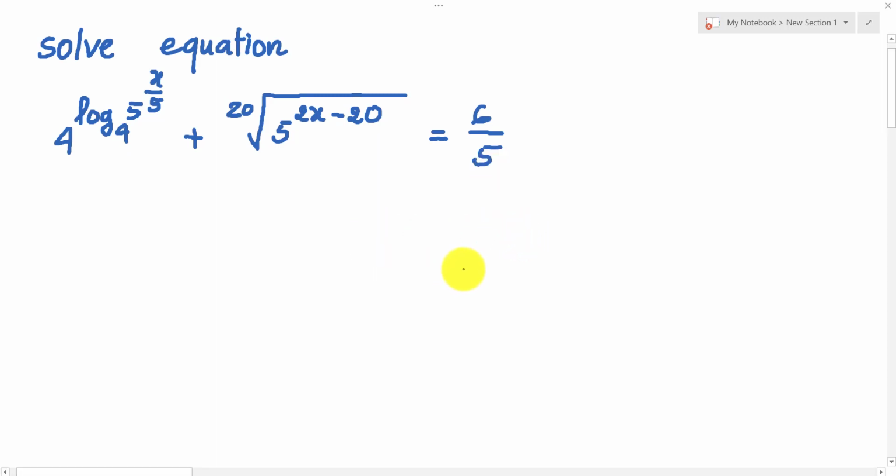Let's go to the solution together. We have 4 power log base 4 of 5 power x over 5.